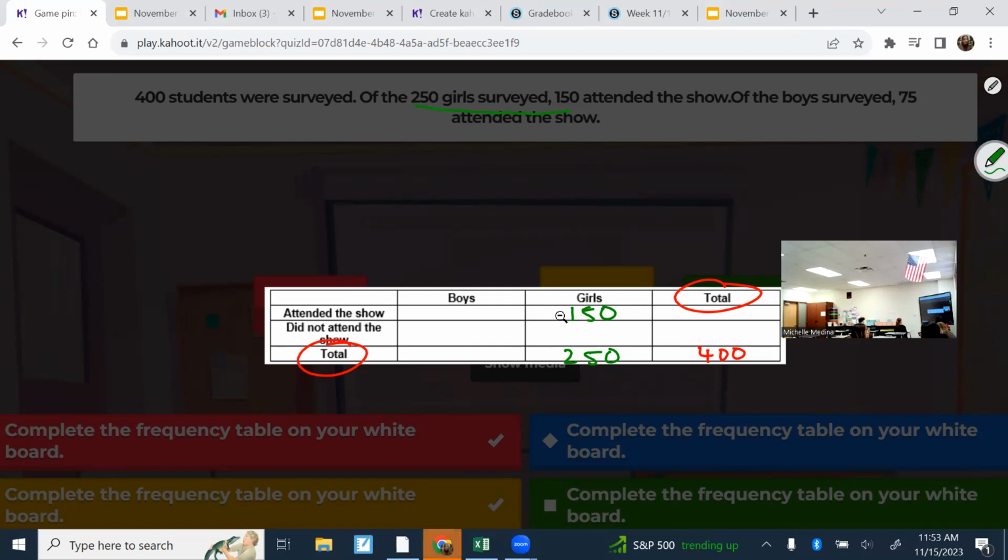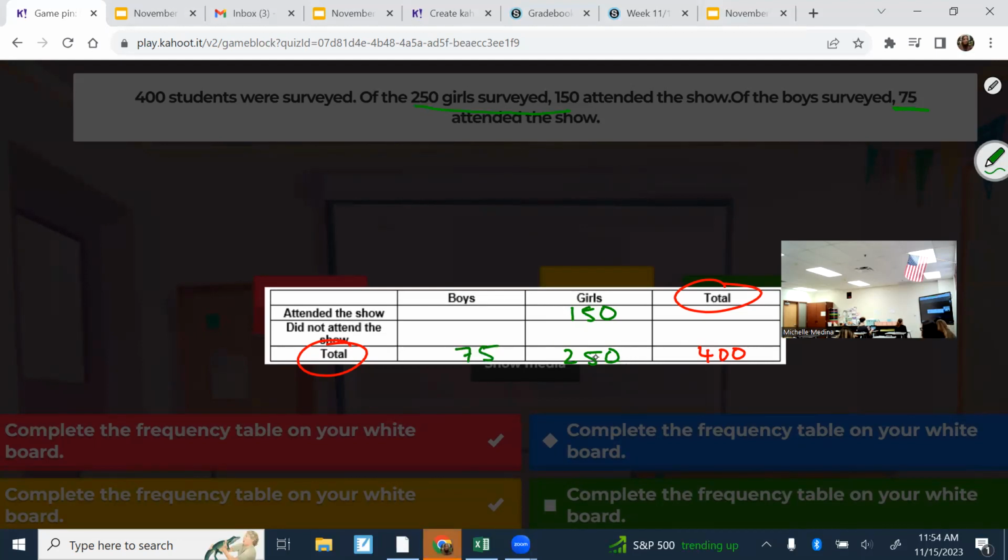Then we have of the boys surveyed. They didn't specify how many boys were surveyed, but of the boys surveyed, 75 boys attended the show. So where does the 75 go? We say bottom right here. Okay, you guys agree?